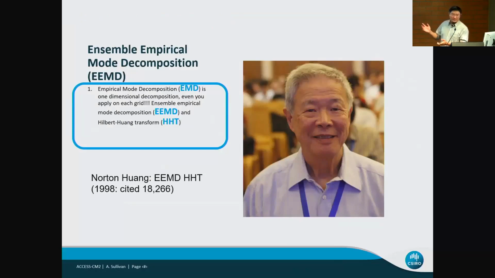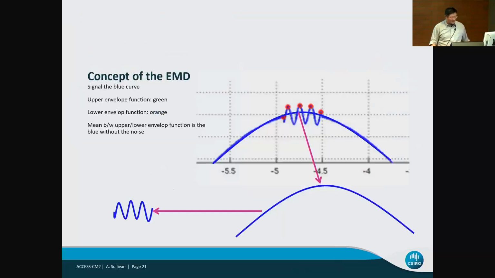If you look at Fei-Fei's paper, the Ansel paper from 1997, that paper has been cited 8,000 times, and then Norden Huang always says, oh, see, my paper has been cited 18,000 times, so it's much more than that. He's a bit proud of himself.